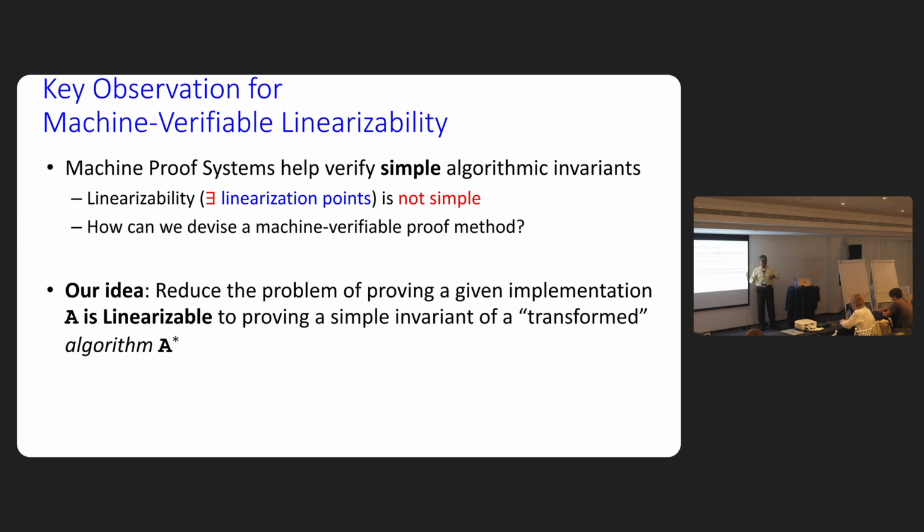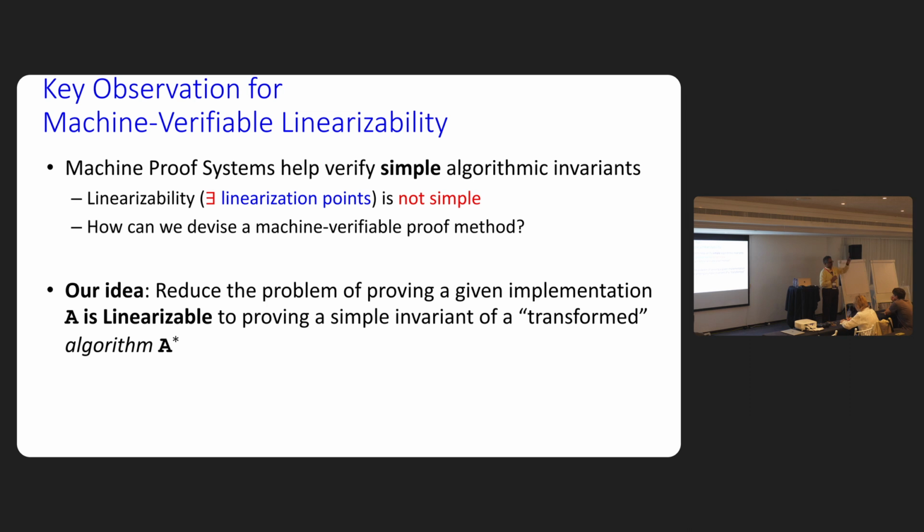If you want to prove that this algorithm A is linearizable, we transform it, and I have to tell you how, into a related algorithm A star such that A star satisfies a very simple invariant, which you can verify using the proof systems, if and only if this algorithm is linearizable.